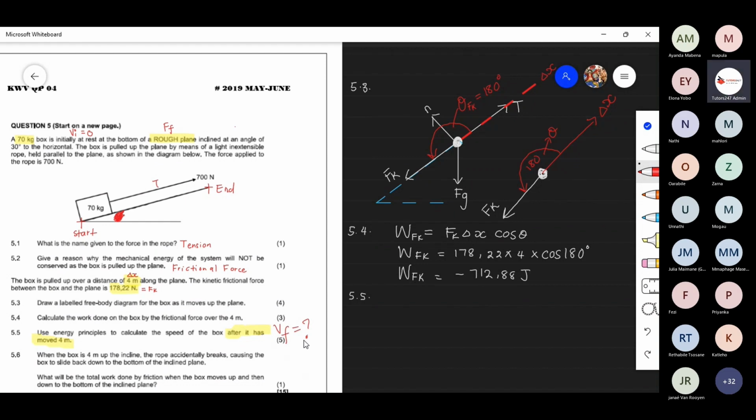Okay, so there's about 2 ways that you can calculate this. You can use your work energy theorem and state work net equals change in kinetic energy, and you can calculate your final velocity. The second option, which is an option I prefer to use, it's just based on personal preference, you can use whichever option you want to, is to calculate using work done by non-conservative forces.